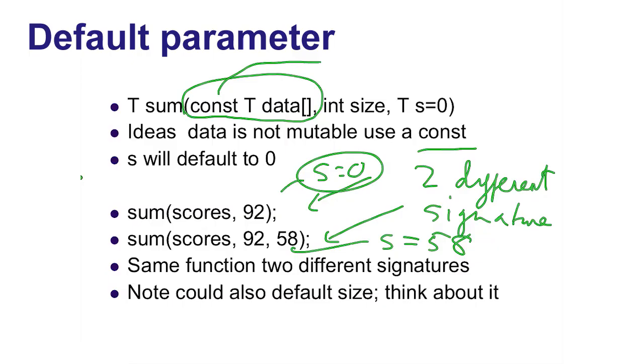We could, by the way, have had a default to size. We could use more than one default in the argument list. So let's say most of my data sets are size 100 for whatever reason. Then, if I wanted to, this could be defaulted.